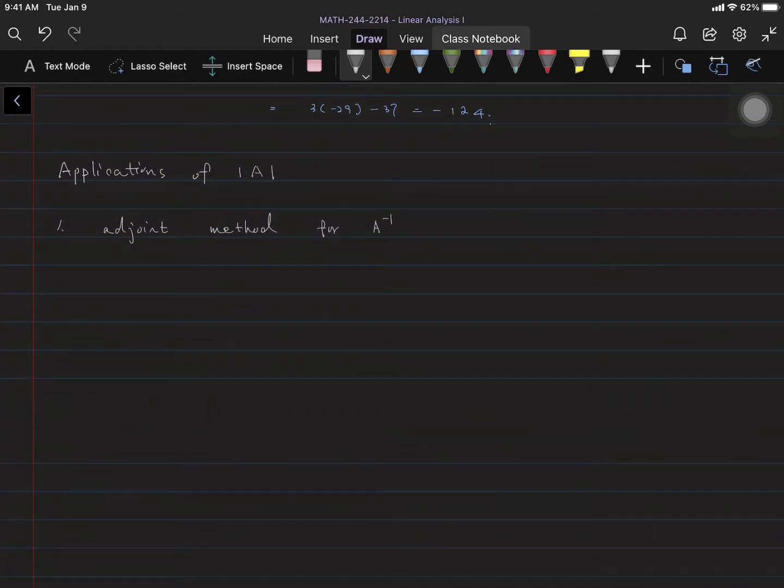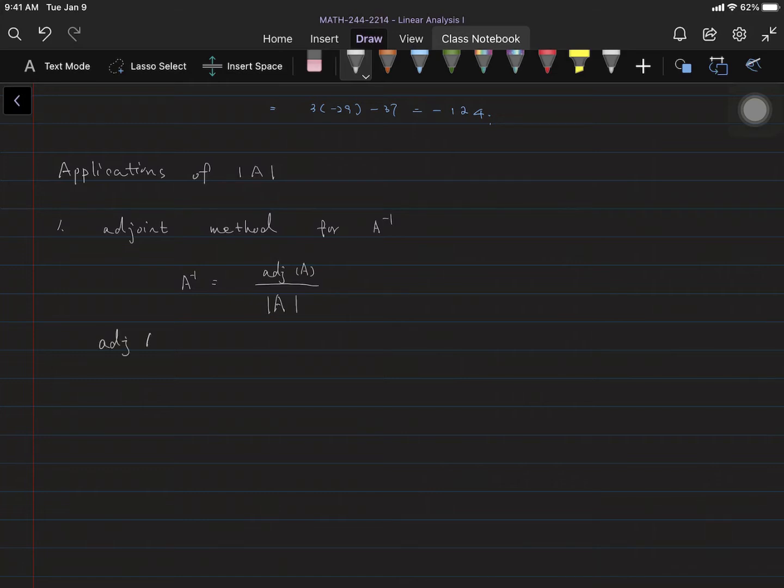Before we use the Gauss-Jordan method, right? So let's see. The inverse matrix equals this one. Adjoint matrix of A divided by determinant of A. So I'm going to show you what's the adjoint matrix A.